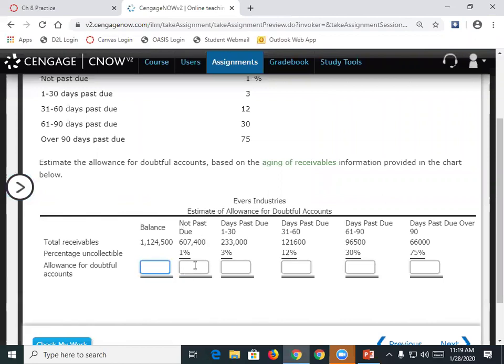So again, all we have to do is take our not past due, because they already gave it to us, we didn't even have to type it in, times 1%. So how much do we estimate will be uncollectible out of what's not past due? Very good, $6,074.